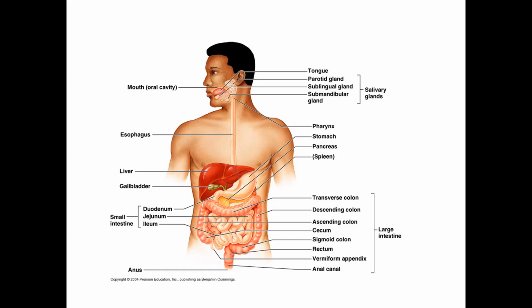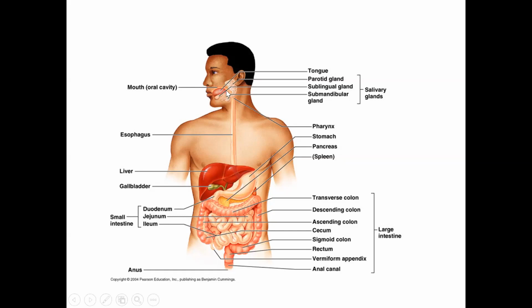When we say GI tract, if you look at this diagram, we can review the parts of the GI tract. Start from the mouth, and then right here, remember this is the oropharynx, and then we get down to the laryngopharynx.